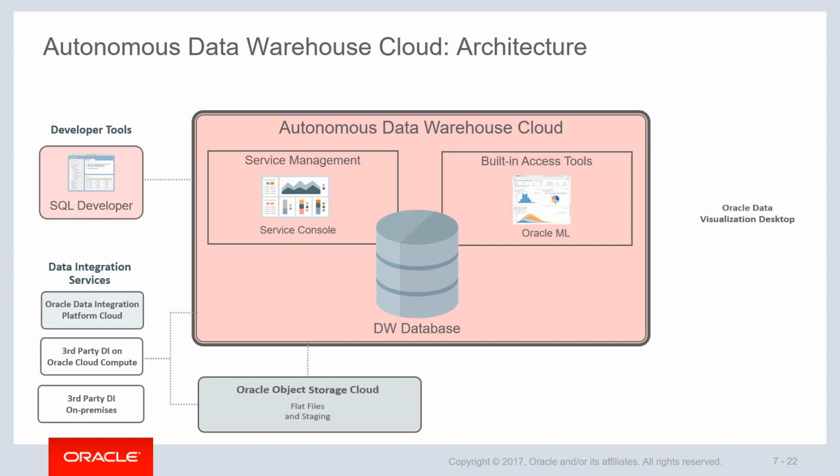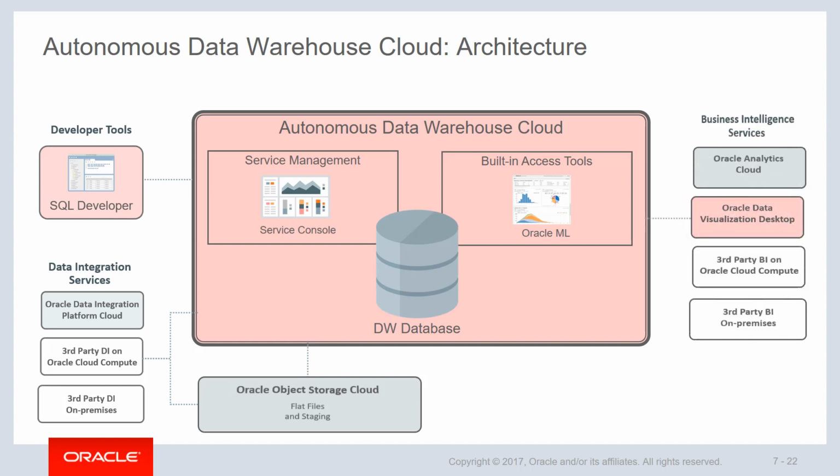The Autonomous Data Warehouse also supports OCI object storage. So for staging flat files or other imports or exports, we could link to an object storage bucket. And there's a variety of business intelligence services also supported, either Oracle Data Visualization or the third-party BI tools, either on-prem or in the cloud.